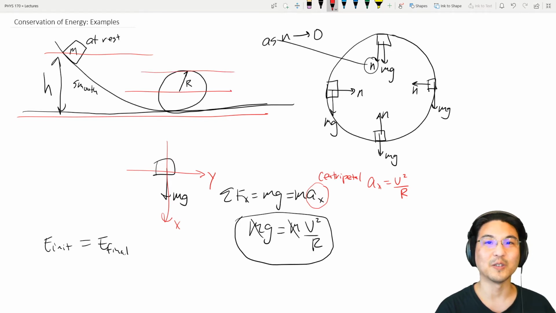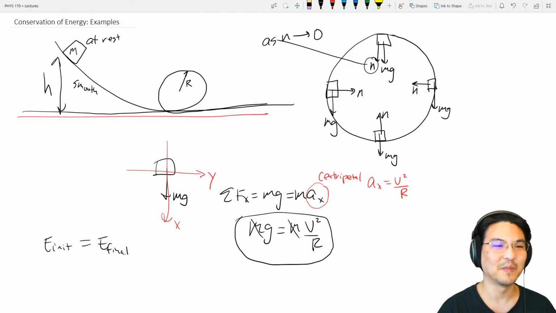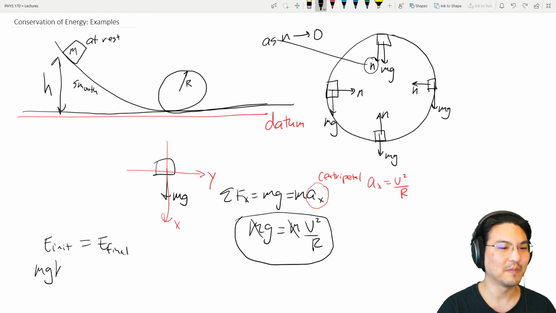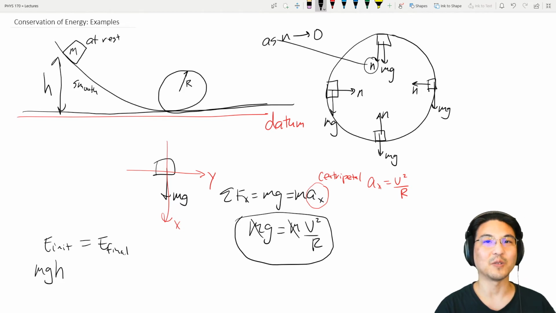They're all good choices. So you just pick one and you're correct. So how about I pick the datum here at the bottom of the loop. Based on my choice, the gravitational potential energy is the weight times the height above the datum, h. And there's no spring, so there's no spring potential energy.